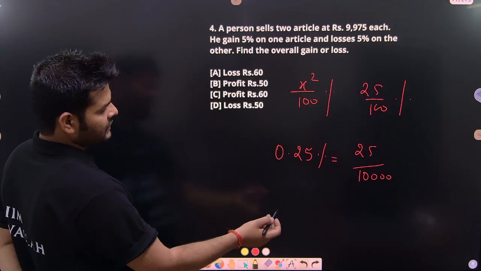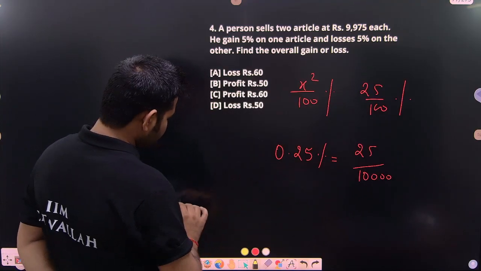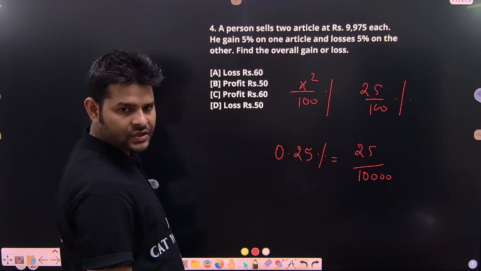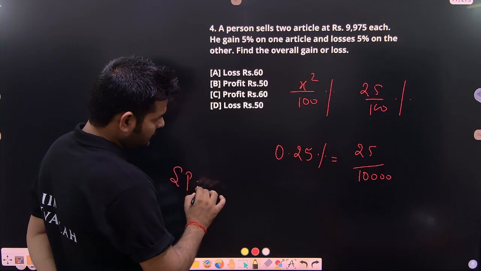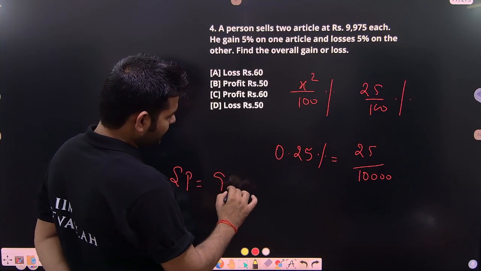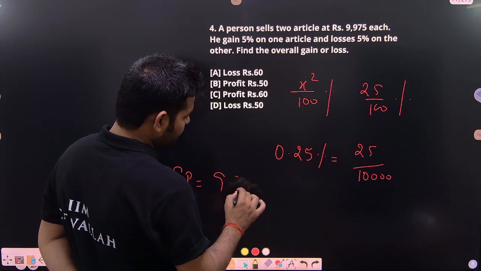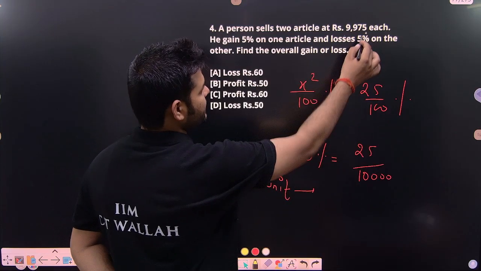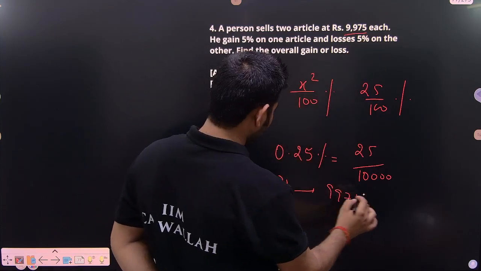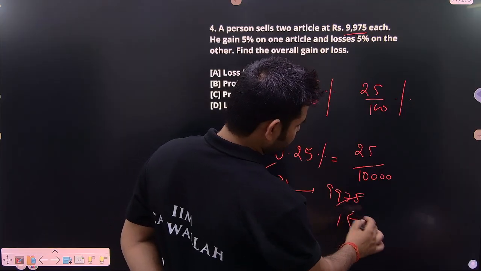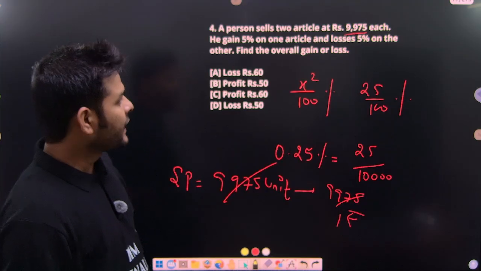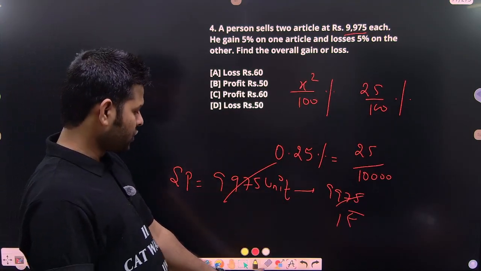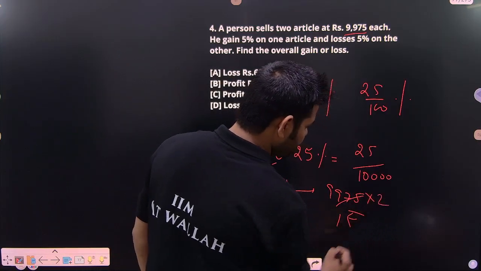That means 10,000 is your CP and 25 is your loss. So SP would be 9,975 units. And this value is going to represent this rupees. So again, 1 unit value will be 1 rupee. And you have been asked for two articles, so you need to multiply by 2 here.